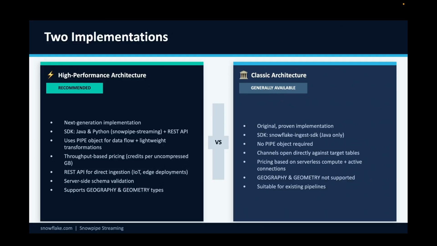Let us go over each feature within high performance architecture. HPA, which is high performance architecture, is the next generation implementation. There are several language SDKs available such as Java, Python, and REST API. This new architecture uses a pipe object for data flow plus lightweight transformations in flight.